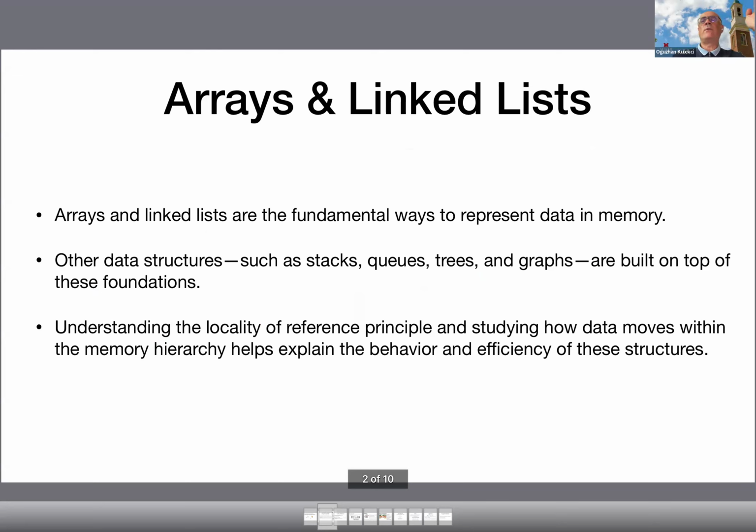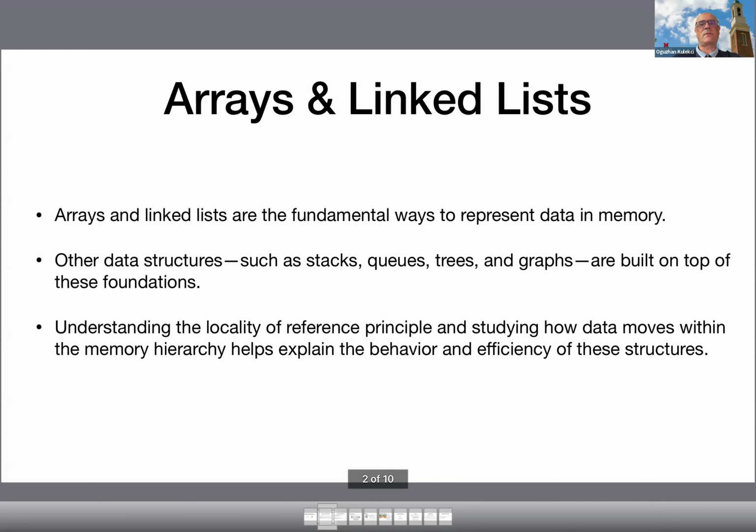If you maintain your data as a contiguous block, we call this an array. Or if you maintain your data with separate blocks in the memory, not a contiguous one, that's called a linked list.